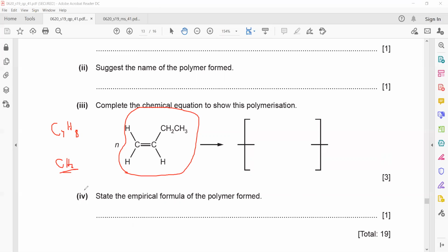If the empirical formula is CH2 for the monomer, for the polymer it will also be CH2. In addition polymers, the monomers link with each other, but the ratio remains the same.